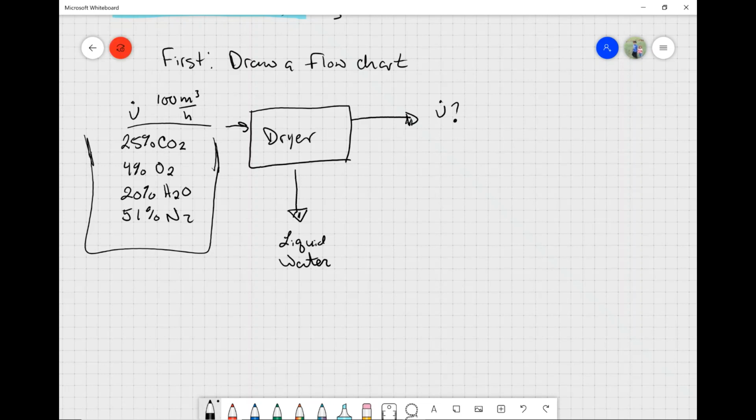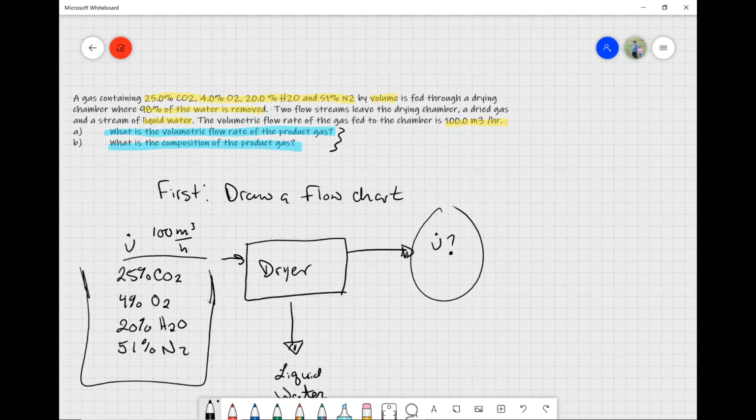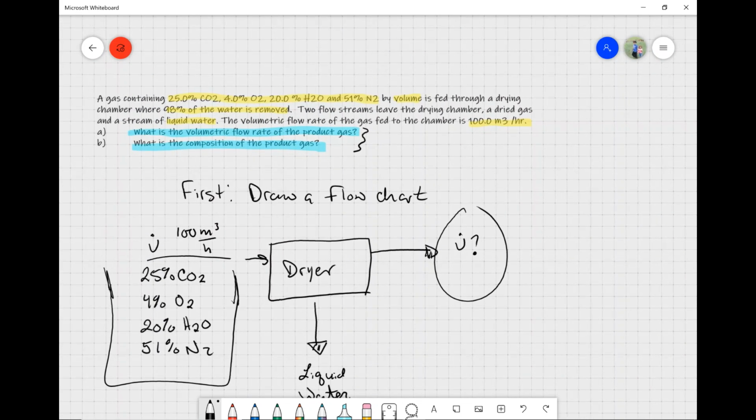Okay, so we have our flow chart and our composition drawn here. All it's asking for is this volumetric flow rate. In other problems, we would have had to figure out this volumetric flow rate somehow. But we know that 98% of the water is removed, and that's very interesting.